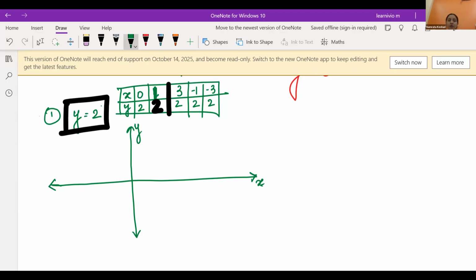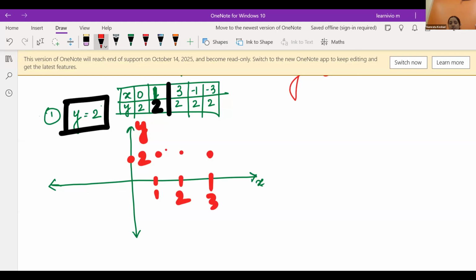Okay, so if we locate these coordinates which we found just now, 0 comma 2, 1 comma 2, on the coordinate axis: 0 comma 2, x is 0, y is 2, this is the point. 1 comma 2, x is 1, y is 2. 3 comma 2, x is 3, y is 2.